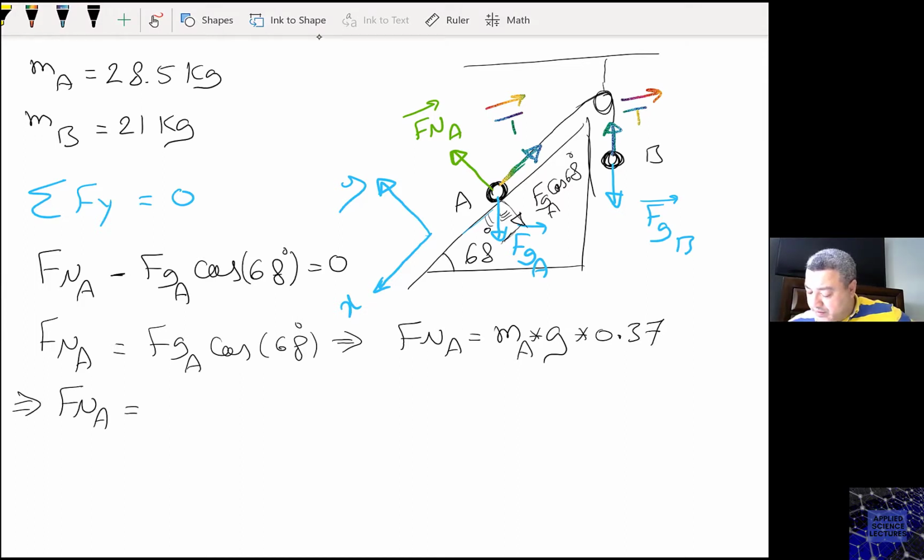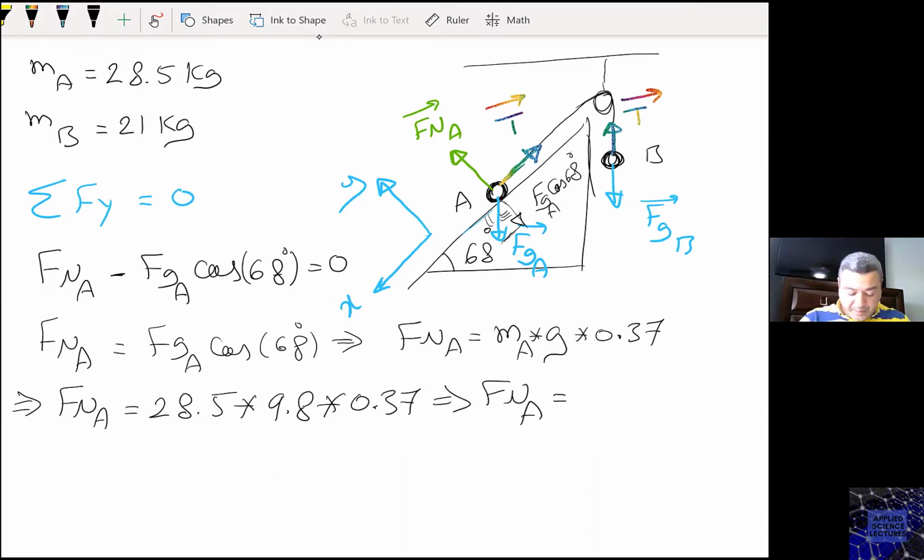FNA: MA is 28.5 times 9.8 times 0.37. FNA equals 104.63 Newton.